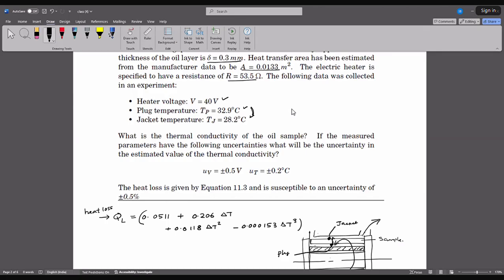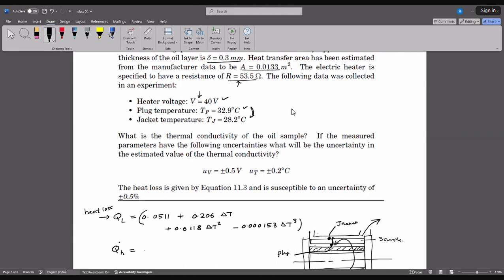So first let us find out how much heat is supplied to the heater. The heater is supplied with a voltage of 40 volt and it has a resistance R of 53.5 ohm.